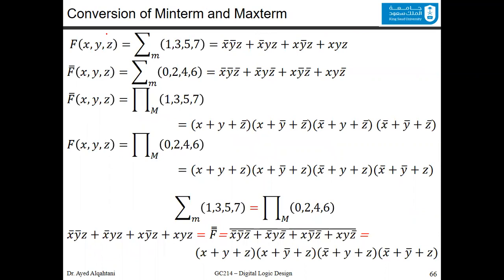Now, conversion between minterms and max terms. If you have this function, the same function that we are listing, if we have the summation of 1, 3, 5, and 7, we expand it this way.